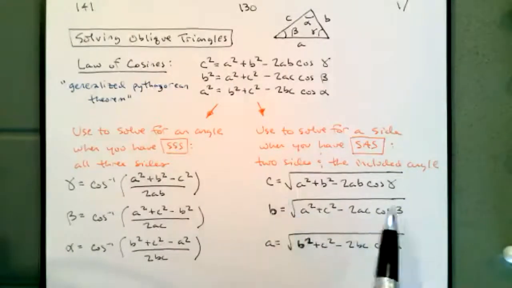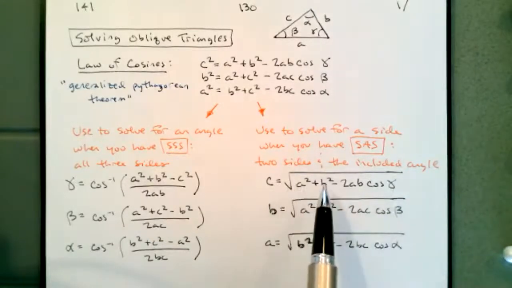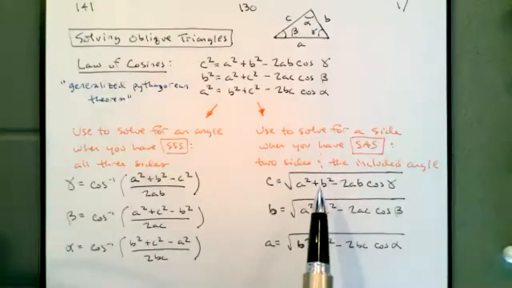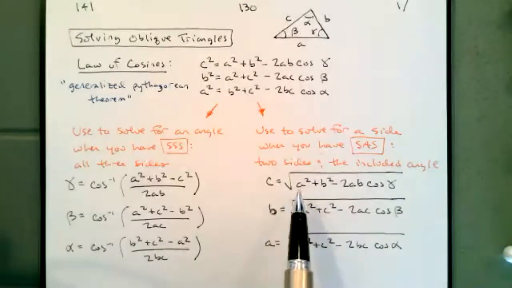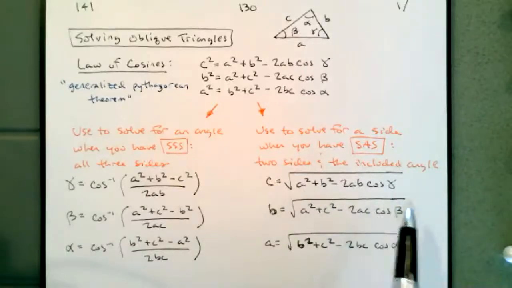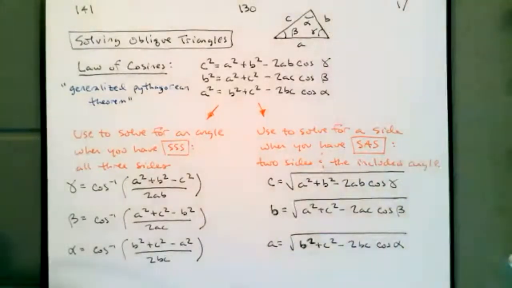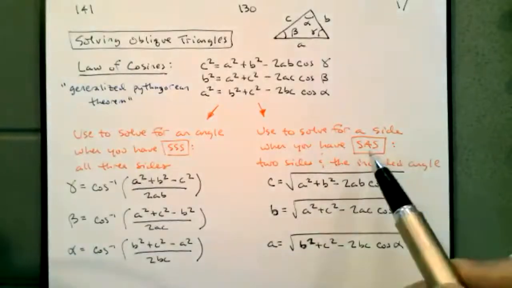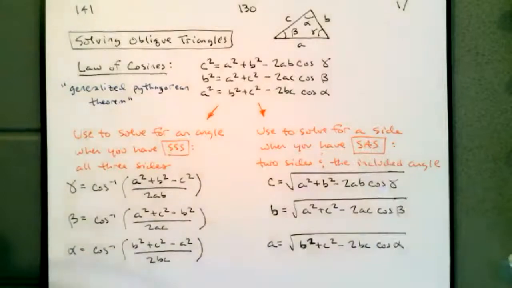Another way to say this is I need the angle that's included in the sides A and B. So we use the law of cosines to solve for a side when we have two sides and the included angle. So if I have sides A and B and angle gamma, that's a law of cosines. That's the SAS case. We write the A in between the two S's because it's two sides and the included angle, the angle between them.